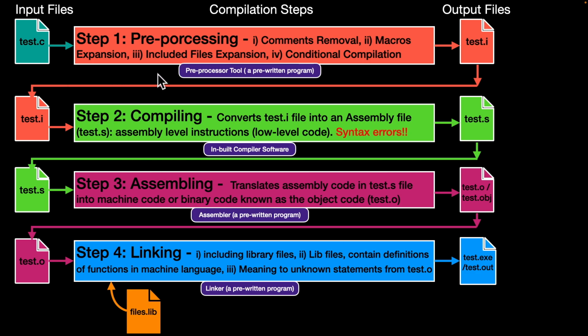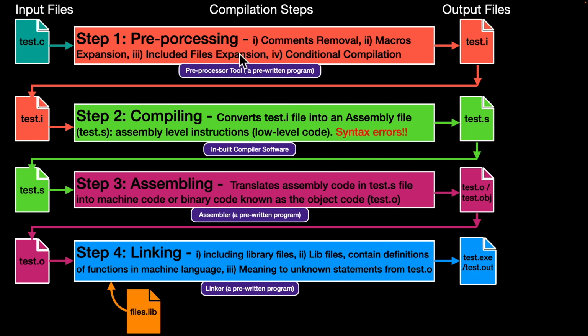But in between, all these 4 steps take place, and in every step we have another program, another software or programming tool that works. That means we are using other programs to write our program. And if we look at this entire pipeline, output, input, output, then again input, then output, in and out.